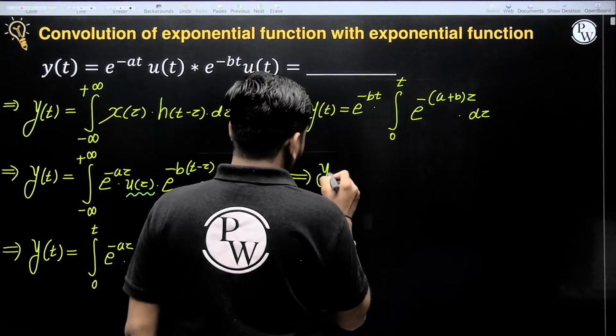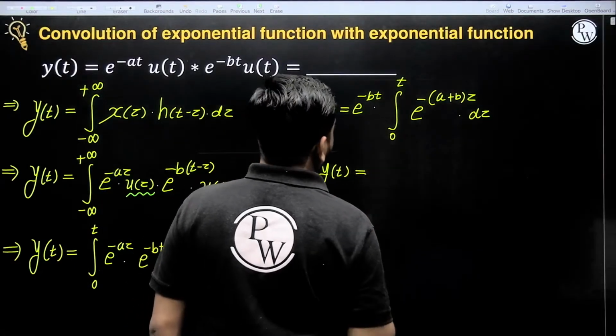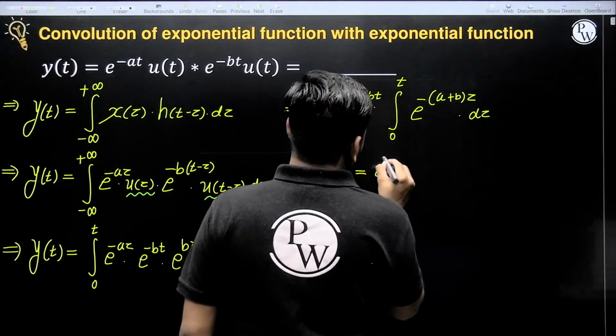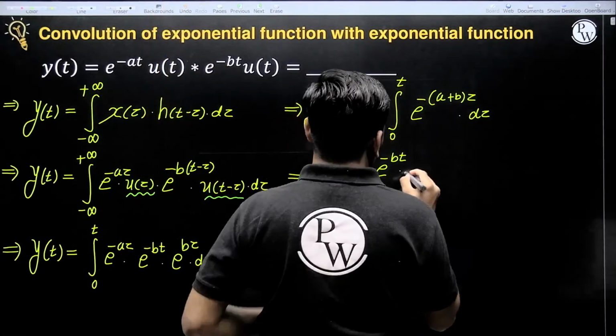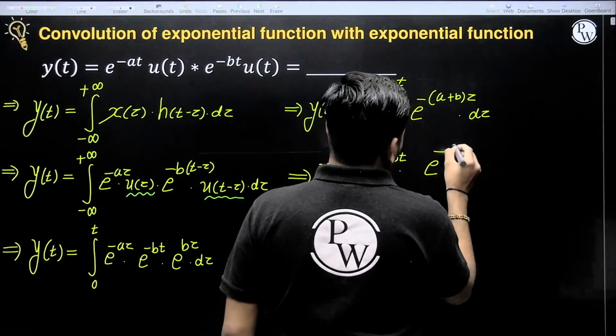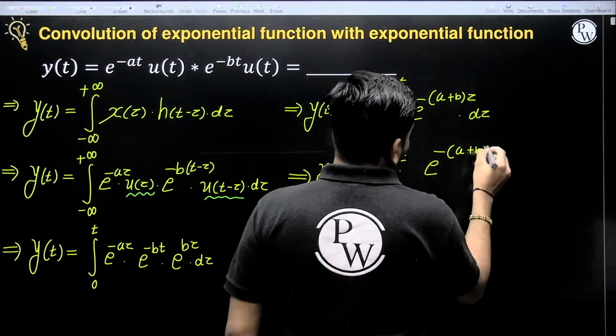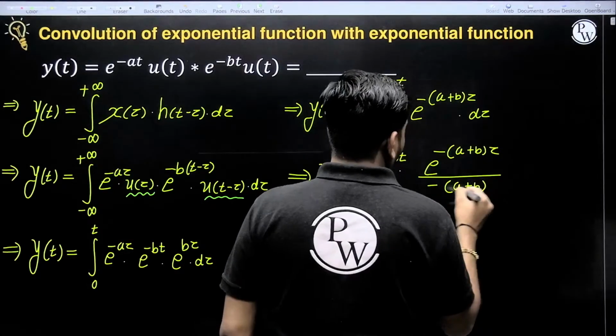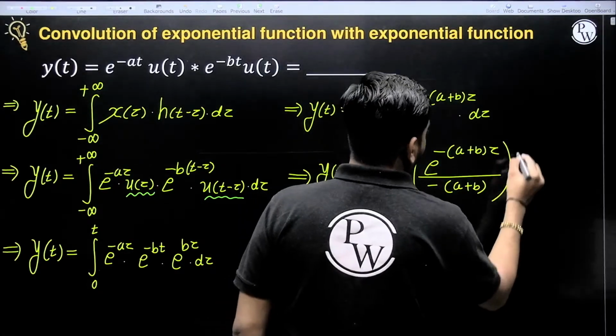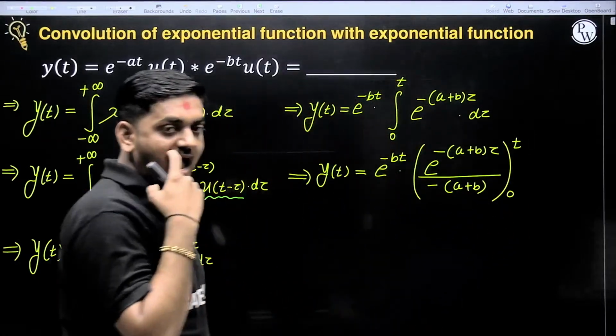Here y of t is equal to e to the power minus bt into e to the power minus (a minus b) tau divided by minus (a minus b), from 0 to t.